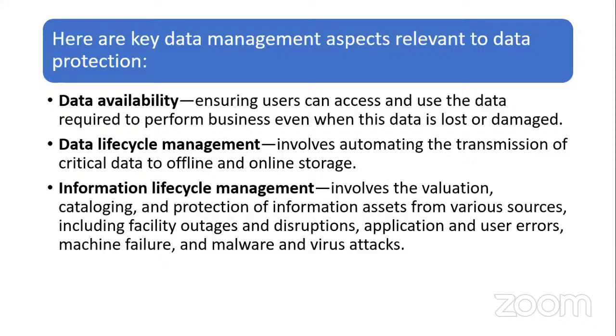Then we also have data lifecycle management, which basically involves automating the transmission of critical data, whether online or offline, to storage. Then there's information lifecycle management, which involves evaluation, cataloging, and protecting information assets from various sources.